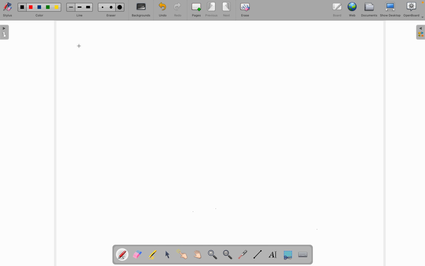Now what is the fourth and last assumption of linear regression? That is independence. Suppose my formula is y = m1x1 + m2x2 + m3x3 + c. What it says is that these independent variables should be independent of each other.